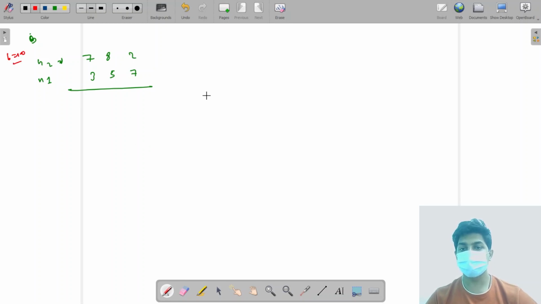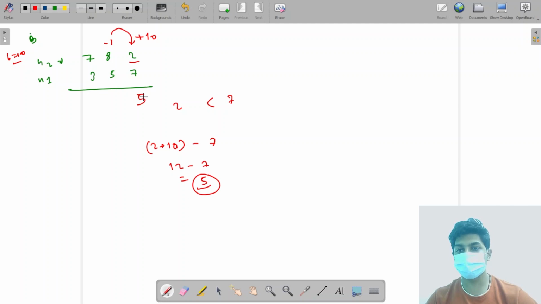The first elements are 2 and 7. 2 is less than 7, so we cannot perform the subtraction directly. So we will take a carry from the next element, which gives us plus 10. So we get 2 plus 10 minus 7, so 12 minus 7 equals 5. So the digit will be 5.